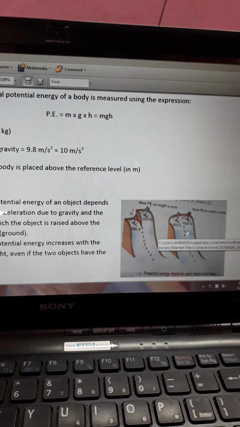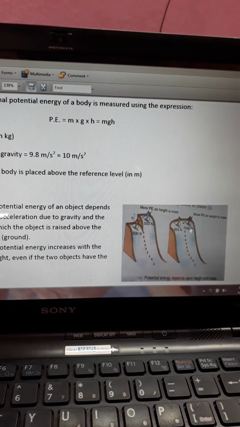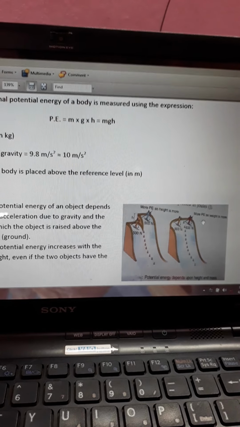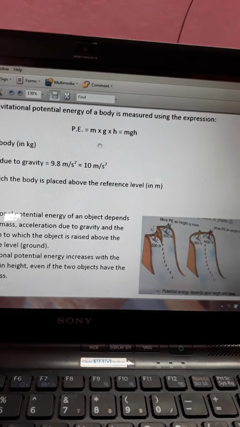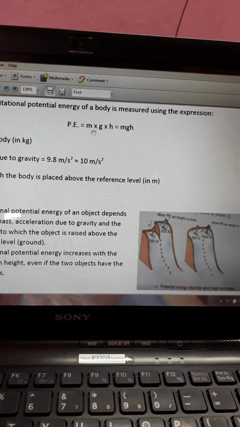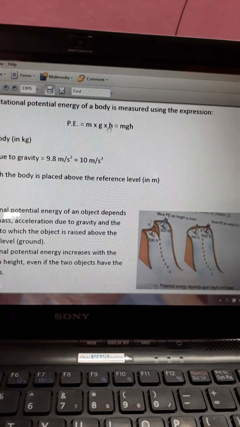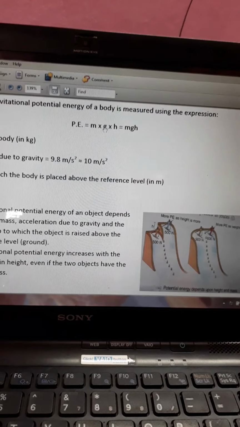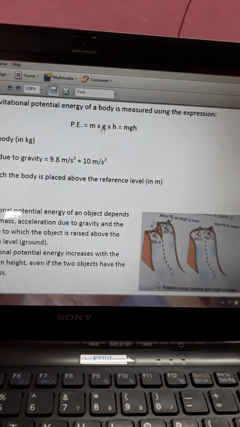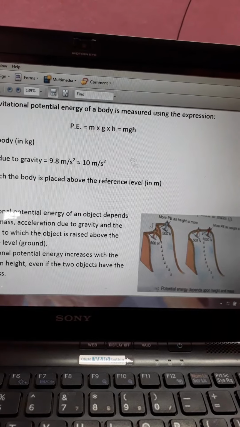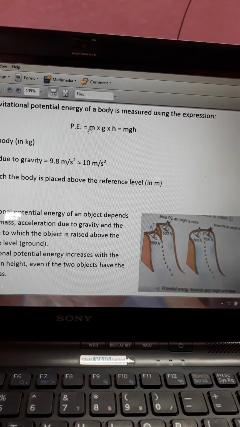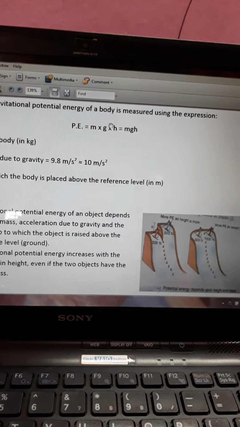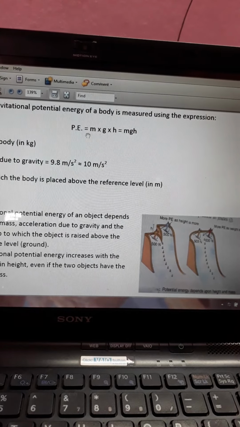But in this case, in both cases the height is the same, but the difference is in the weight. See this expression. The height is the same, so the only difference is in this. G is constant, because g is fixed in both cases, but the only difference may be the mass. This m into g is called weight.